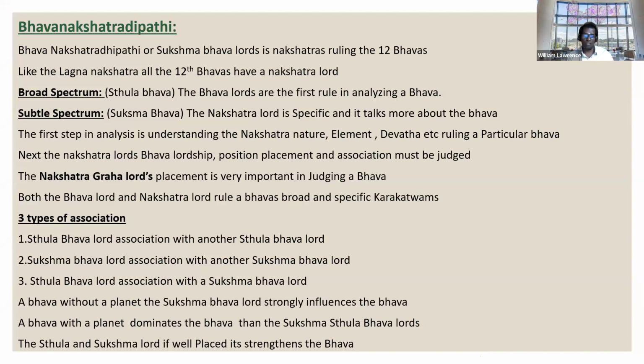It's not just Mesha. Mesha Lagna can have 3 characteristics. It can start in Ashwini, Bharani, or Kritika. So the character, quality, everything will change depending on the nakshatra. And it's not only for the Lagna. Everybody is using the Lagna nakshatra, but this will change for the whole horoscope. If your 7th lord is sitting in, let's say, Shukra's nakshatra, but the 7th nakshatra lord is in a different place, it will change.